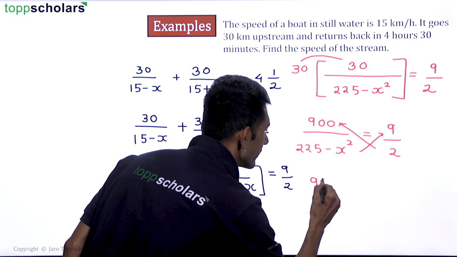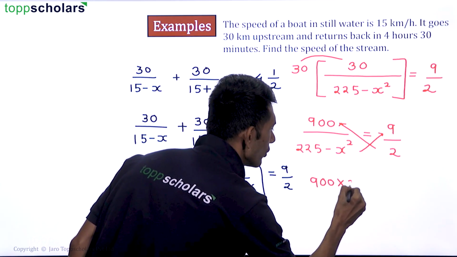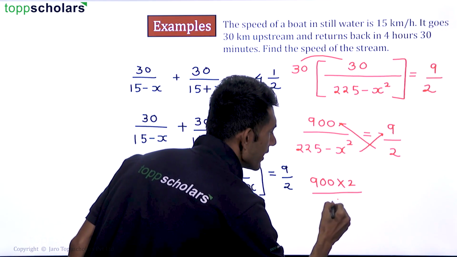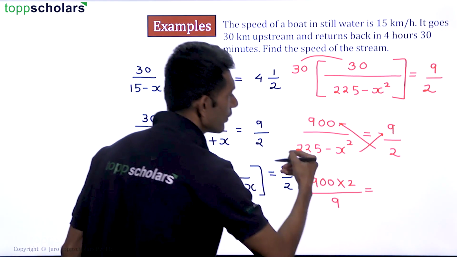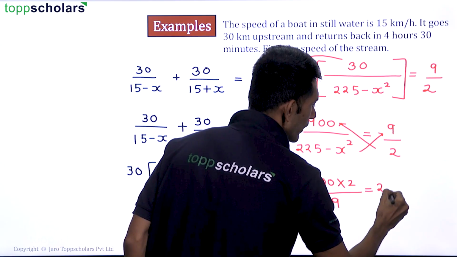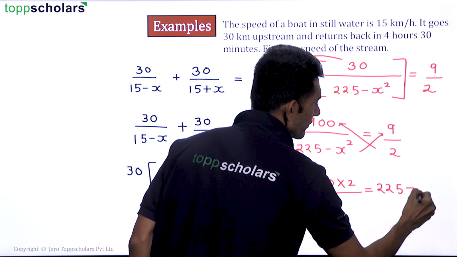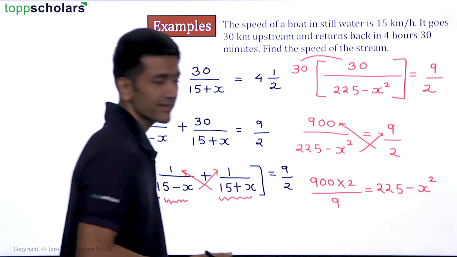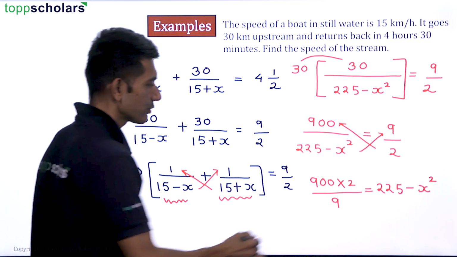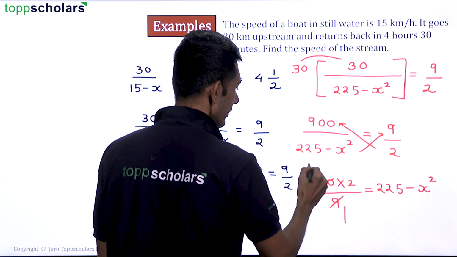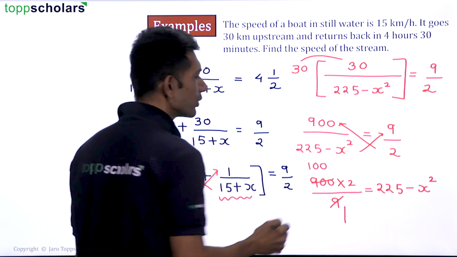900 into 2 divided by 9 is equal to 225 minus x square, correct? So 9 ones are 9, 9 hundreds are 100, into 2 is 200.